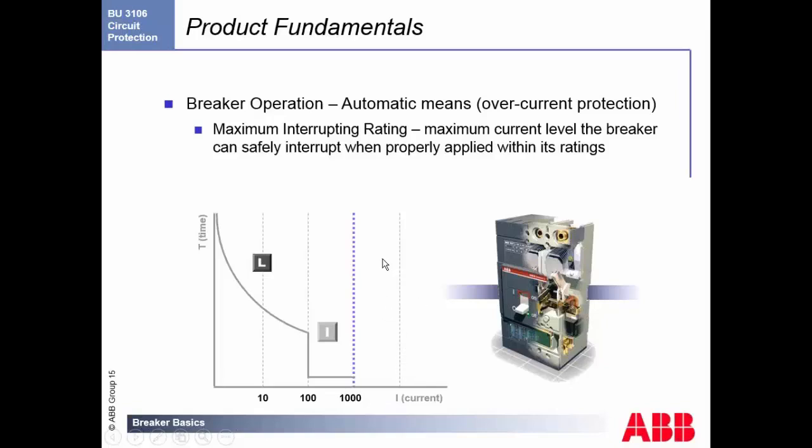So it's very important to look at the ratings, both the voltage ratings and a maximum current level. Generally, I like to recommend you stay 80% below the maximum current rating. So if your normal current is going to be around, say, 800 amps, you would pick a 1,000 amp breaker, and then you will be running safely below this mark on your breaker.